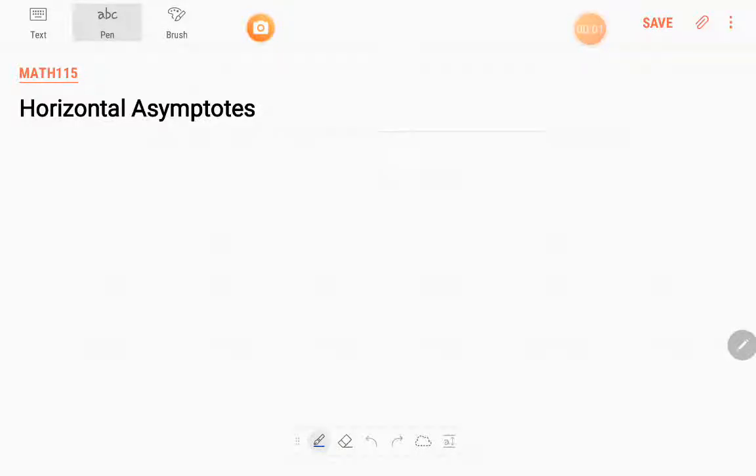Horizontal asymptotes depend on the leading term of the numerator and the leading term of the denominator.